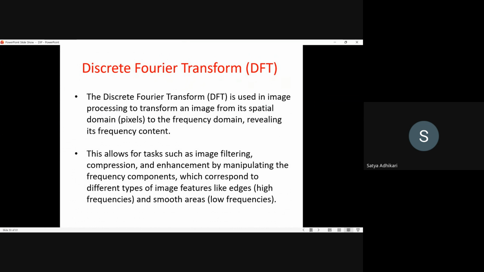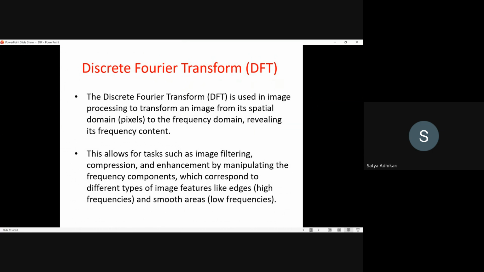As the word transform suggests, it is used to transform from one domain to another domain. That is, from the spatial domain or pixel form, which has two components, location and intensity value, to the frequency domain, to the signals.